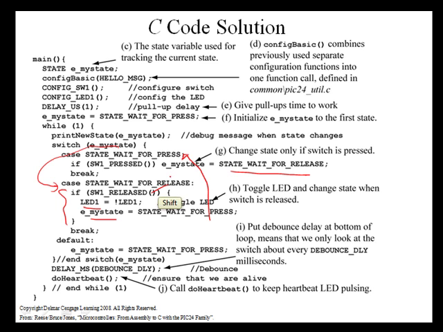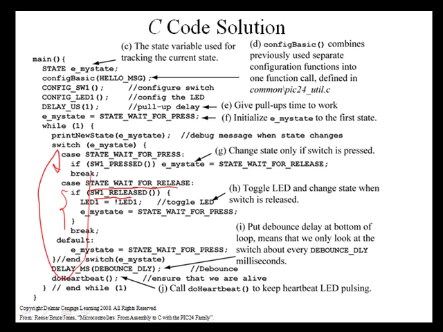What's going to happen initially, let's say that we loop through and we detect for the first time that the switch has been pressed, and we change our state to state wait for release. Then the next time through the loop, 15 milliseconds later, we're going to hit this state. Now at this point, we're only 15 milliseconds into the press, so when we check the switch, it's not released yet, it's still pressed.